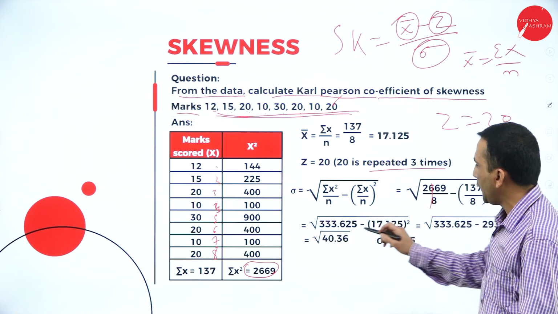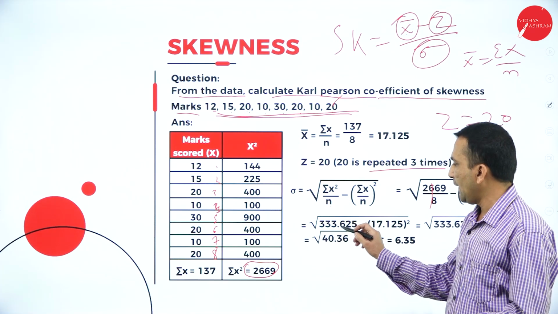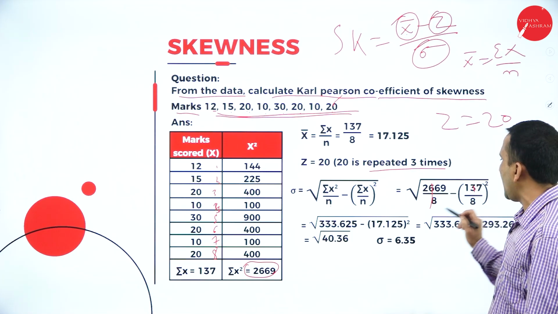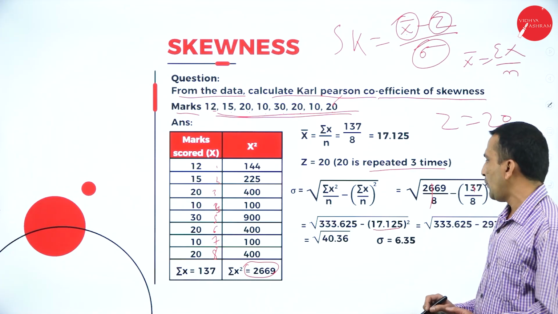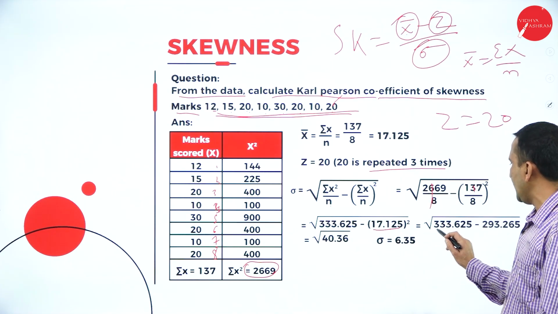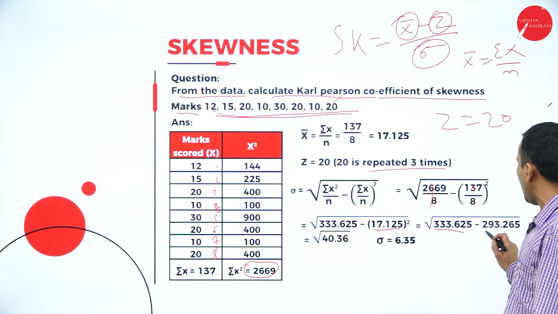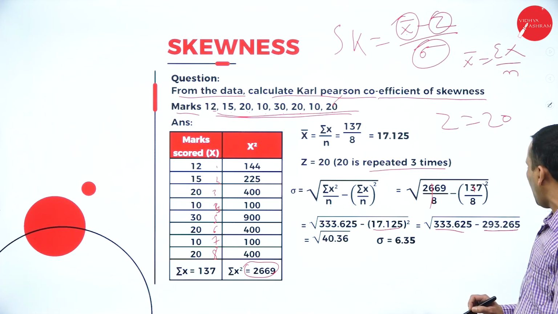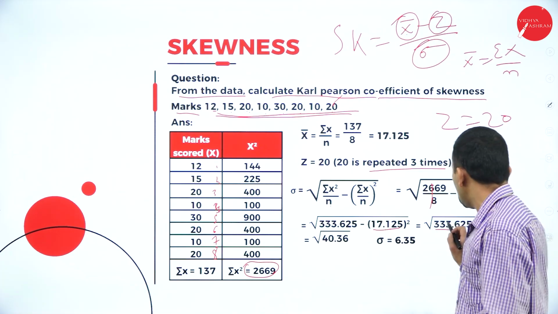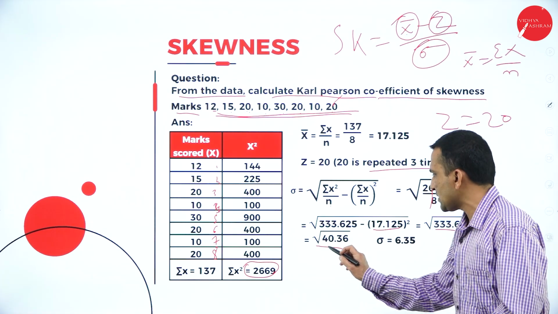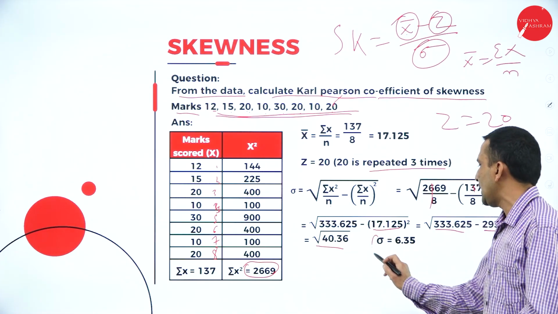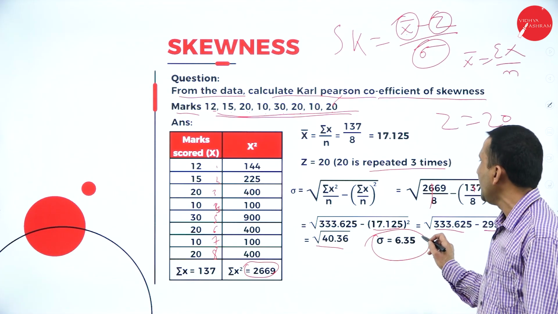Now if you divide, you are getting 333.625. And 137 divided by 8 is 17.125. Take the square root first, as it is I am writing this value. If you take the square, you are getting 293.265. Now you need to subtract from this value. After subtracting you are getting 40.36. Remove the square root, the standard deviation value we are getting is 6.35.